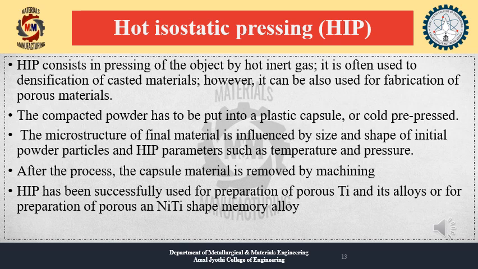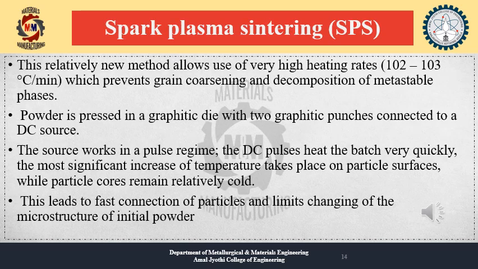The microstructure of the final material is influenced by size and shape of the initial powder particles and HIP parameters such as temperature and pressure. After the process, the capsule material is removed by machining. HIP has been successfully used for preparation of porous titanium and its alloys, and of porous nickel titanium shape memory alloy.